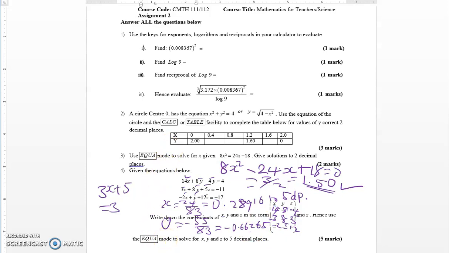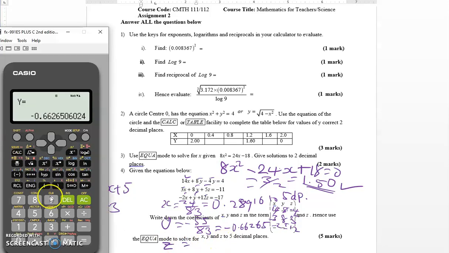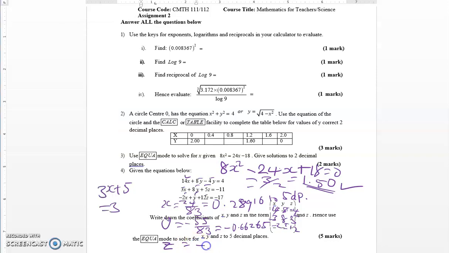Finally, we need to find the value for z. Of course, it is in the calculator there. So go back to the calculator and press the equal sign: negative 109/83.